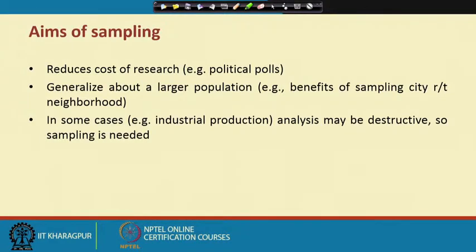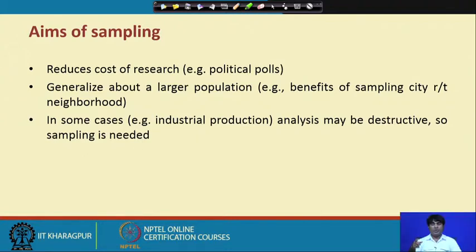Sometimes it is very difficult for a researcher to gather all sorts of data to solve particular engineering problems. If that is possible, that is called population inference. If you cannot, then it is better to take different samples and then connect to the population.